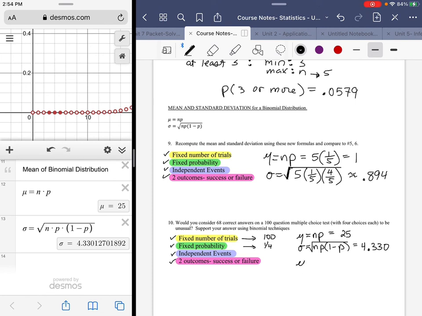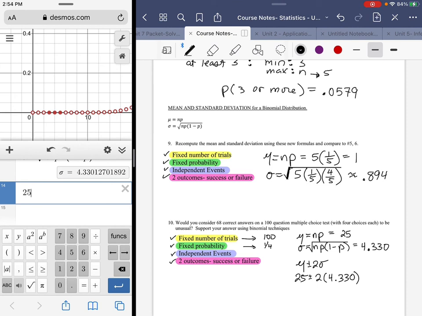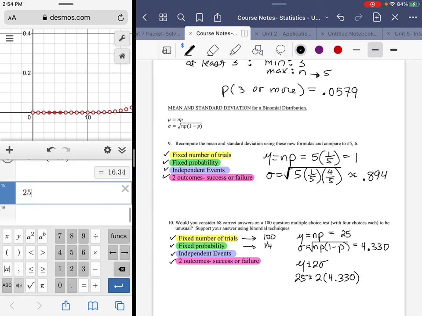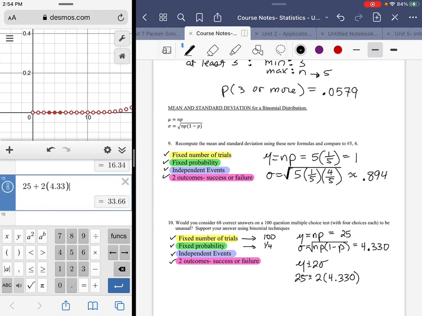Now what I want to do beyond that is figure out what my unusual interval is going to be, or my usual interval. So I need mu plus or minus 2 sigma. It's the same process we've been using all semester. So I would do 25 minus 2 times 4.33, and then 25 plus 2 times 4.33.